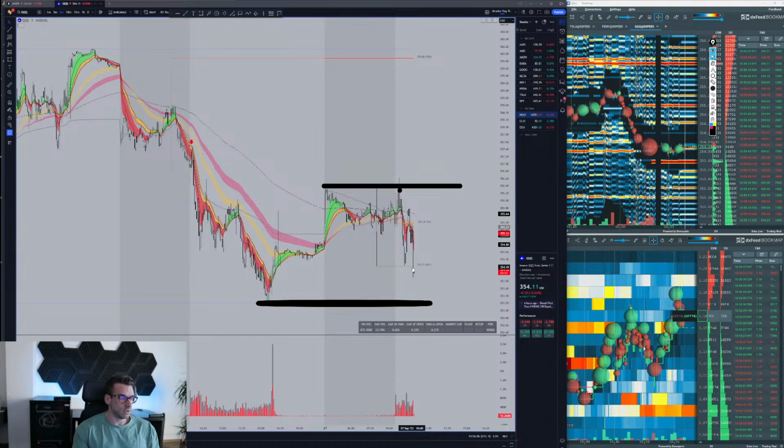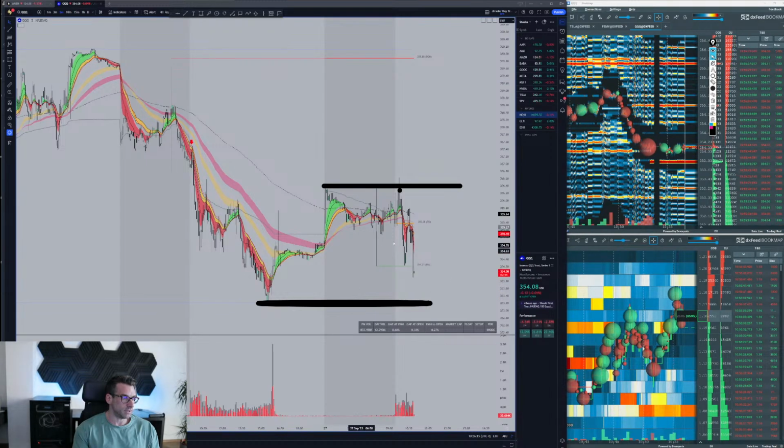So right now it's fading over here below the pre-market, sorry, the day low. So new day low over here, 353 and 80. Some support, I'm not too convinced about that.